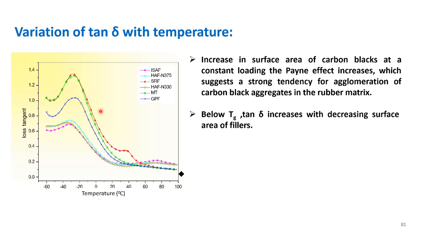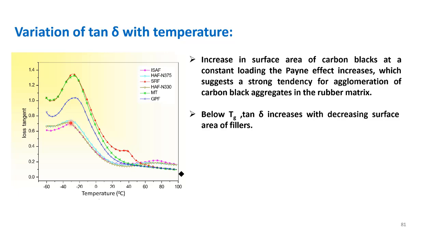This can be seen from here. First, the peak intensity was very low in the case of smaller particles. However, in the case of bigger particles, the peak intensity was higher, and the glass transition was increasing with the decreasing surface area of the filler.